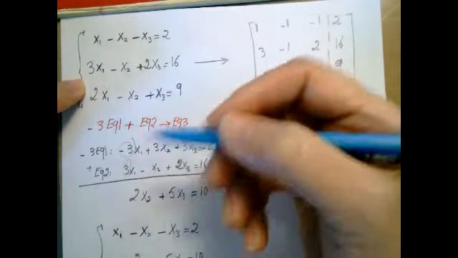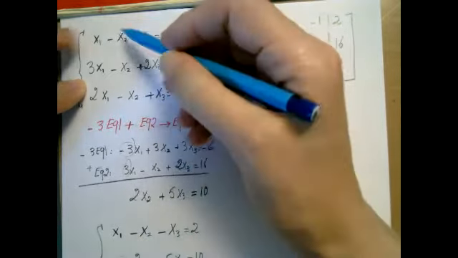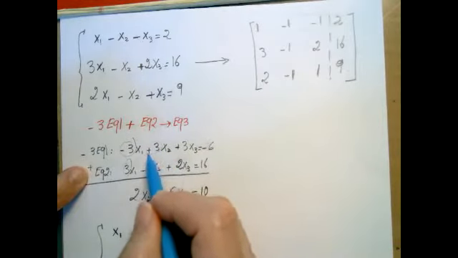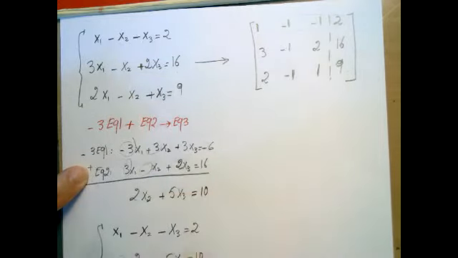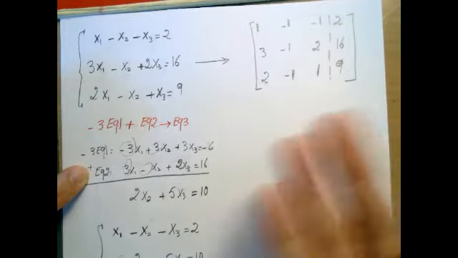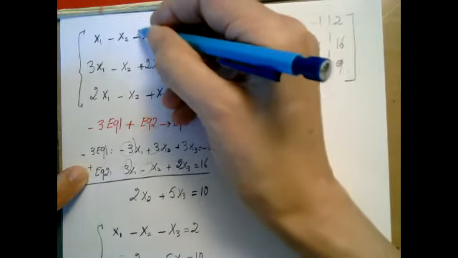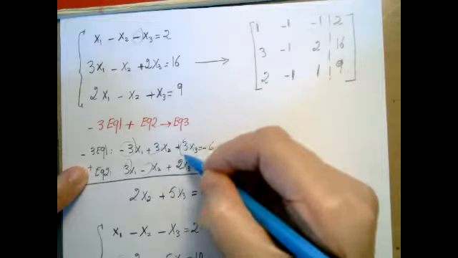So we really were working with the coefficients, which gave me a 0. Then I took the coefficient of x2, multiplied it by -3, which gave me the 3, and then added it to the coefficient of x2 here, which gave me the 2. So I'm really acting on the coefficients. For x1, x2, x3, I'm not really doing much. I did the same with x3. I multiplied x3 by -3, which gave me the 3.